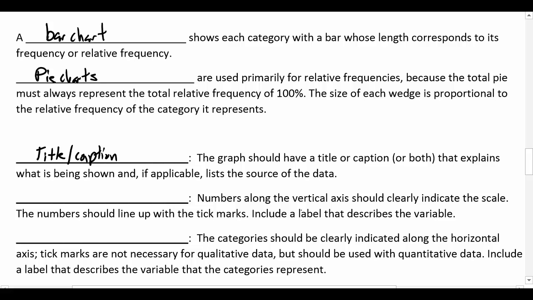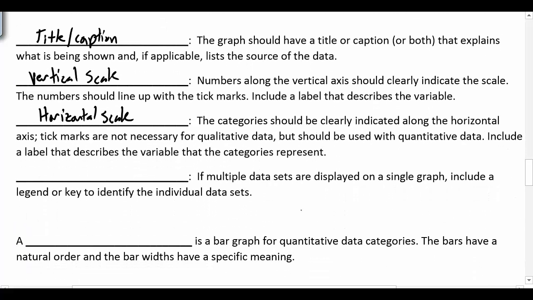Numbers along the vertical axis are called the vertical scale, and the categories along the horizontal line are called the horizontal scale. And in the graph, we should have something that indicates the data sets. Those are called the legend.